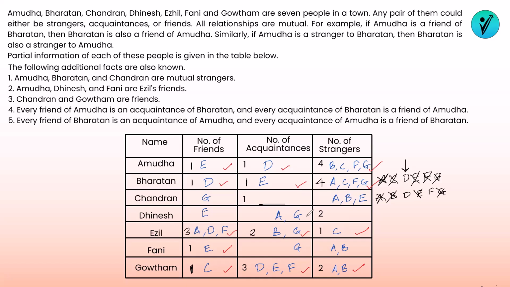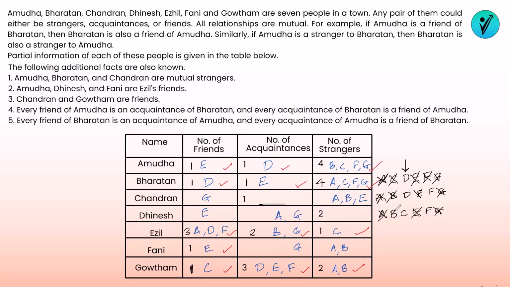When we take a look at D, let's write down all the possible people who are in relation with D. So A, B, C, E, F, and G, out of which we have already taken care of A and G and E. So we are left with B, C, and F. Now, can B be a stranger to D? No, because B's strangers are already fixed and there is no more place for D to be included in B's strangers.